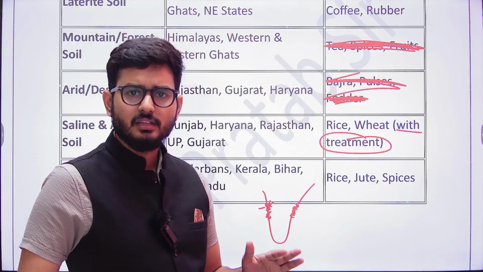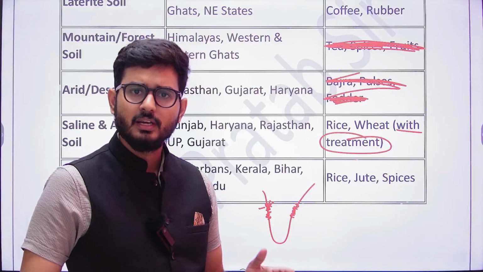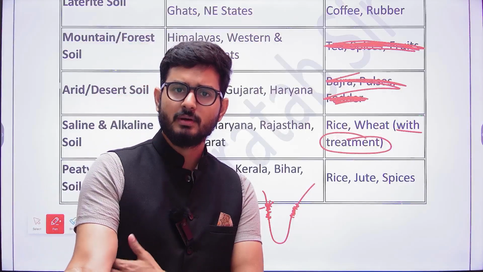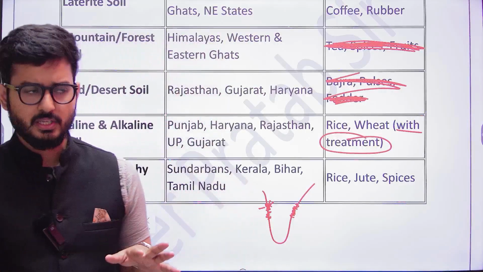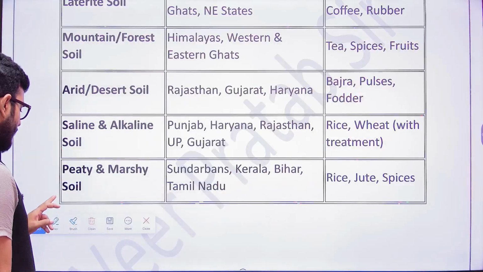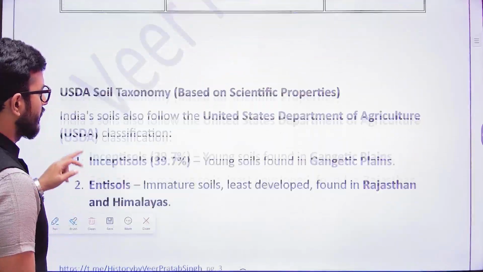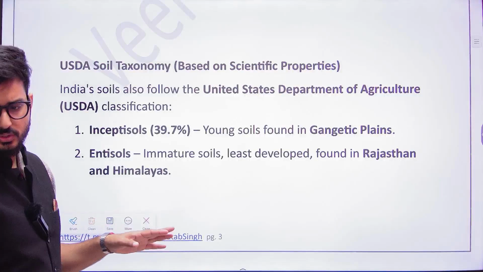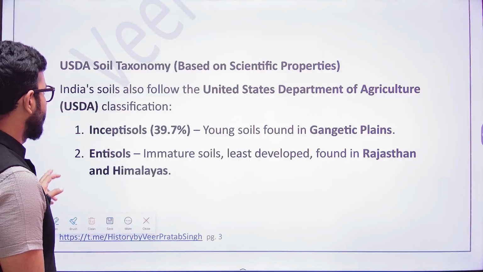Apart from that, they are also found on the foothills of the Himalayas, and people generally grow crops here as well. That is rice, jute, and spices. Spices and rice are cultivated in South India. Jute is cultivated in the West Bengal area.